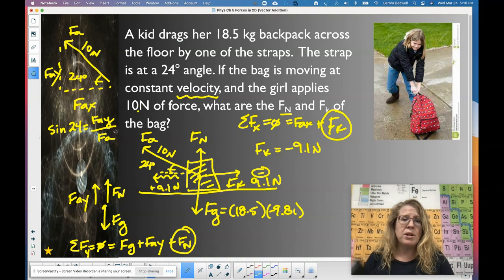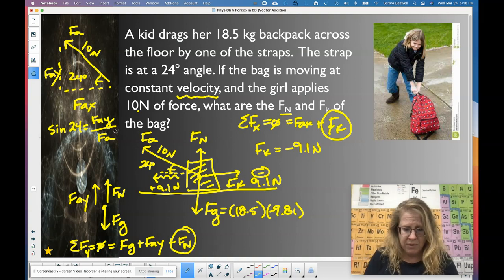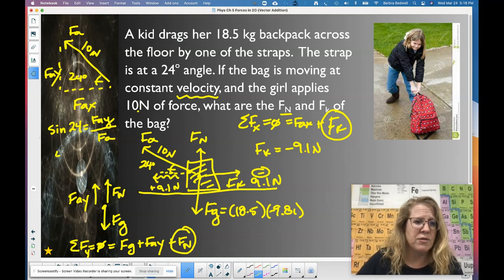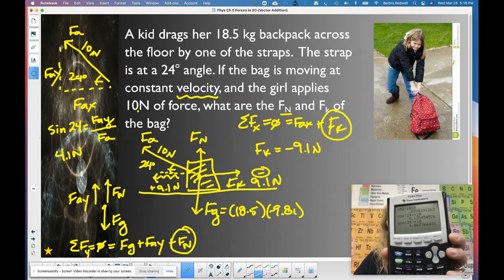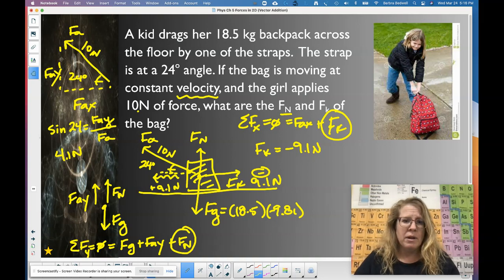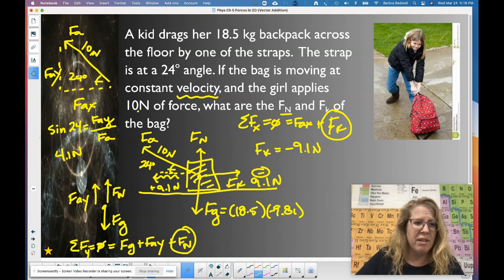So the sine of 24 times 10 newtons, I get 4.1 in 2 sig figs. The upwards pull here is 4.1 newtons. It's actually 4.067. You can see my values on there for my last two components. So the upwards part, FAY, is 4.1 newtons.